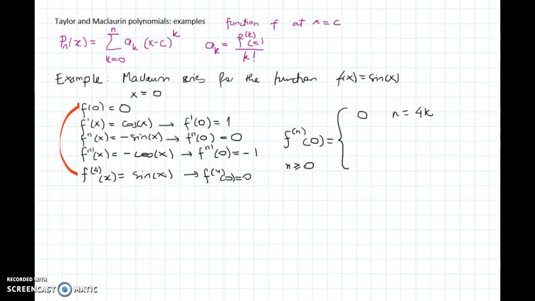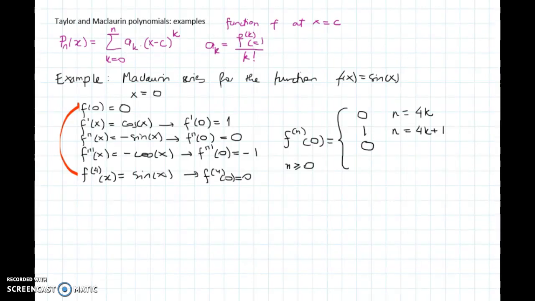So for the values 0, 4, 8, and so on. It's going to be 1 if n is a multiple of 4 plus 1. So for the values 1, 5, 9, and so on.